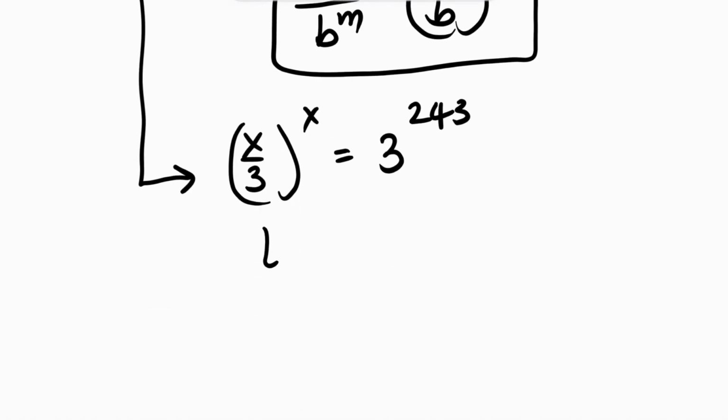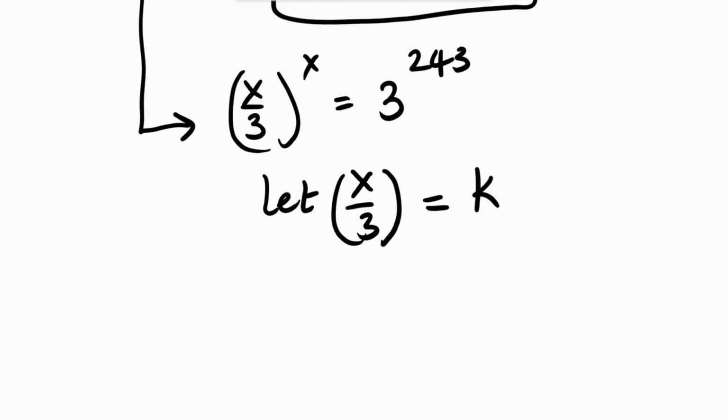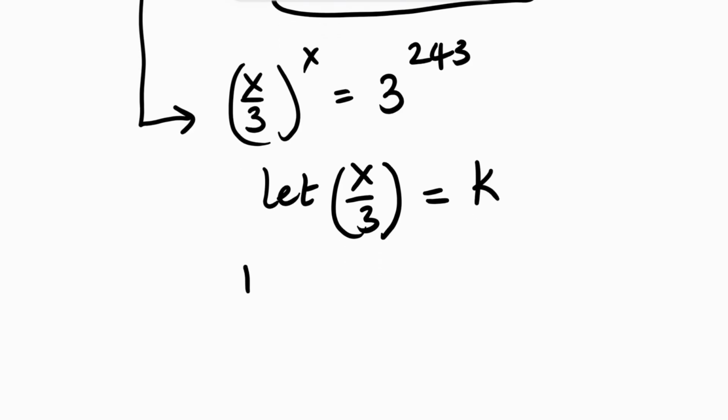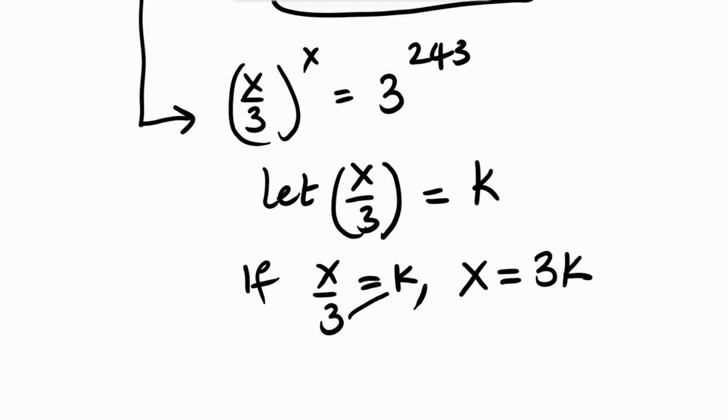Now, let x over 3 be equal to k. So if x over 3 is equal to k, our x is equal to 3k, if we cross multiply, because this is k over 1.